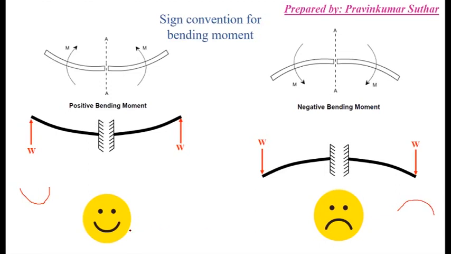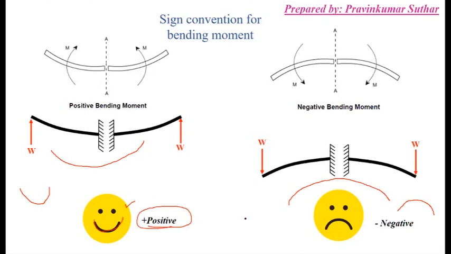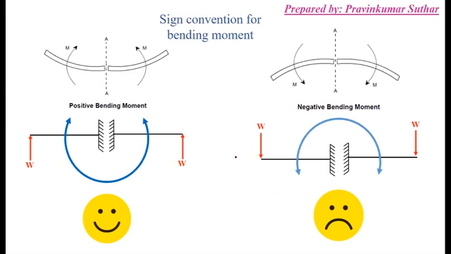If you want to remember, if this is a smiley, just make a smiley; if this is a sad mood, then this is a sad mood. Always smiling means positive bending moment, and if sad, then this is a negative bending moment. Just remember it like this, and so that is completed.